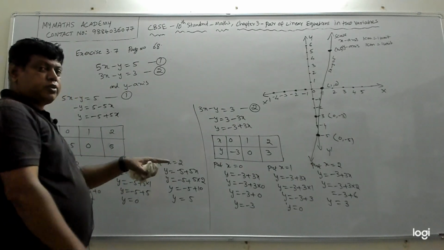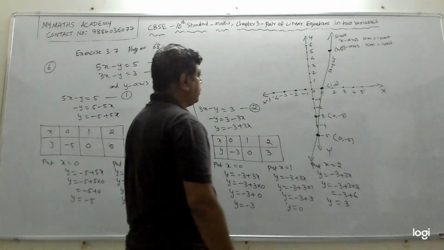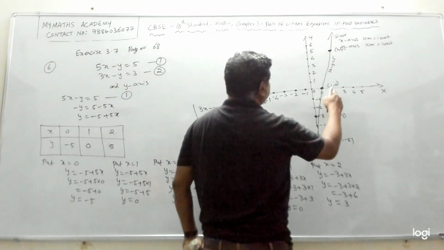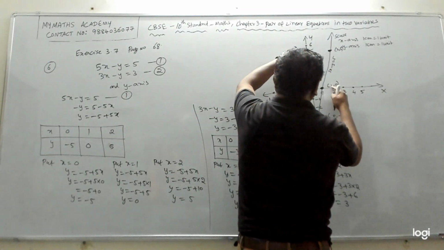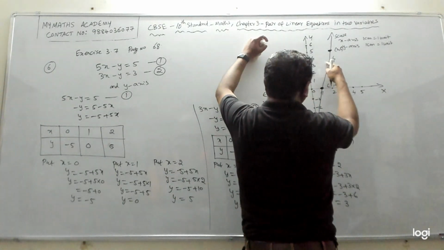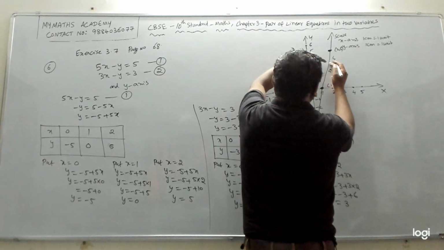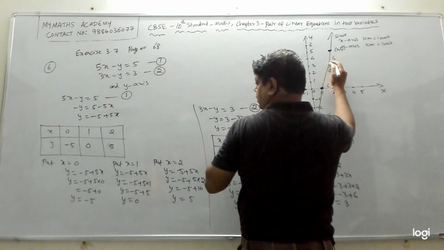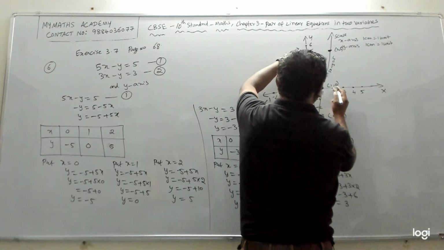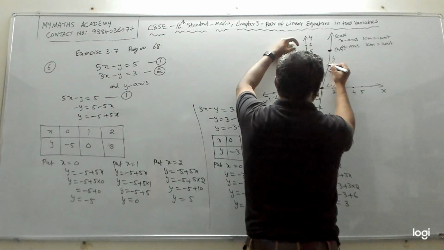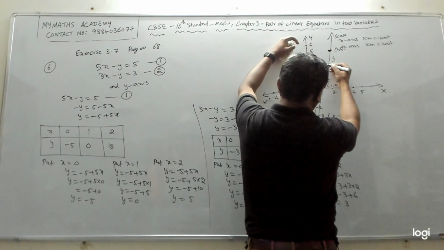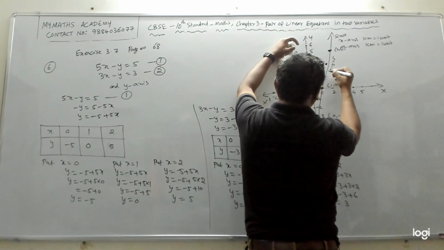Actually the point which is present in both, that is the solution of the equations. Anyway, so now 2 comma 3. So 2 is here. 2 comma 3 will come here. 3 is here. It will come somewhere here, probably. Now join all the three.